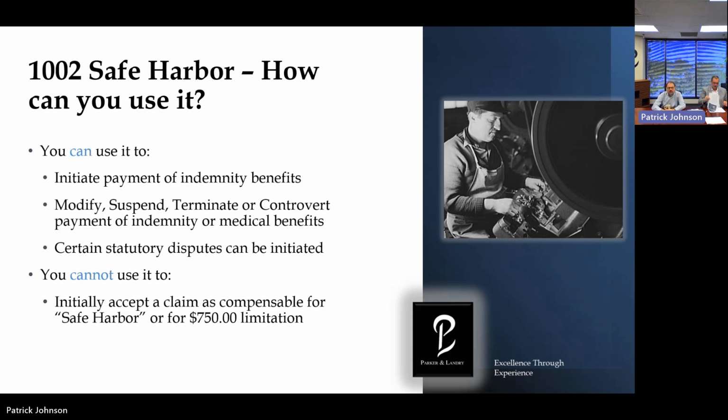So how can you use it? It has a few issues it was designed for, and a few issues that it was not designed for, but we've come up with a few.